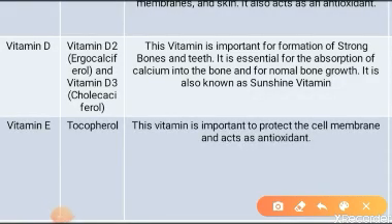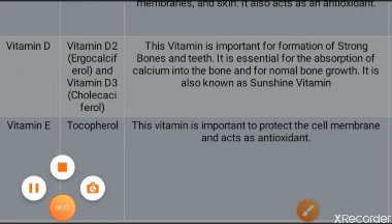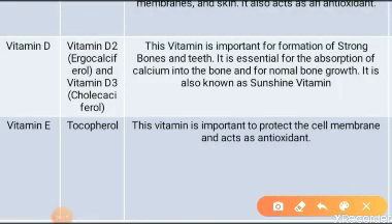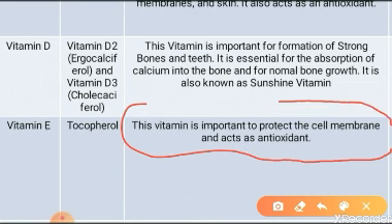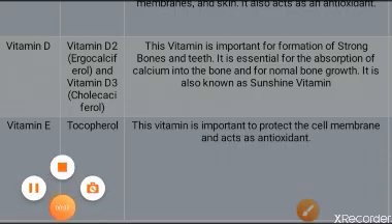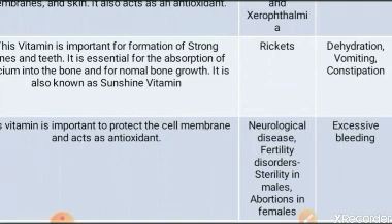Vitamin E is also called tocopherol. This vitamin is important to protect the cell membrane and acts as an antioxidant. The deficiency of vitamin E causes neurological disease, fertility disorders, sterility in males, and abortions in females.